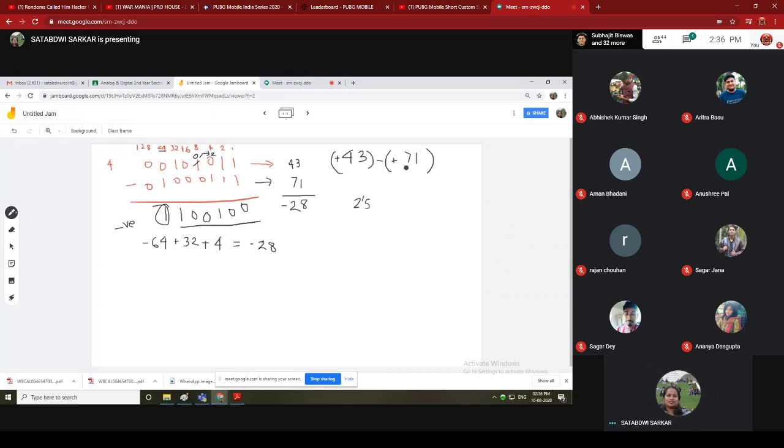When we have to subtract, if there is any negative value, or we need to subtract that value, we have to make it in 2's complement form. So first 43 will be as it is.